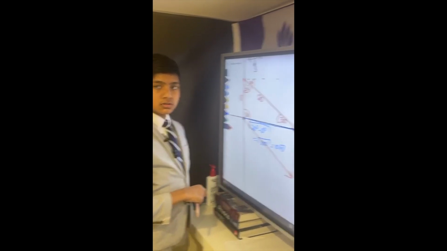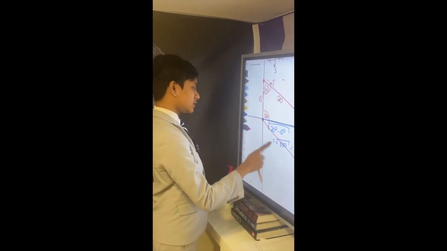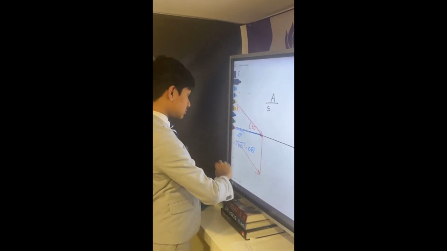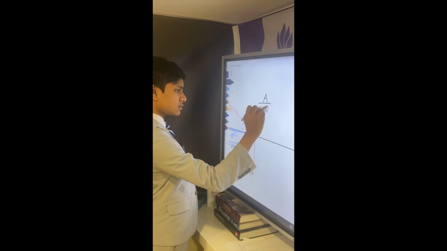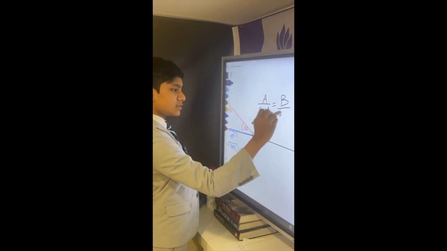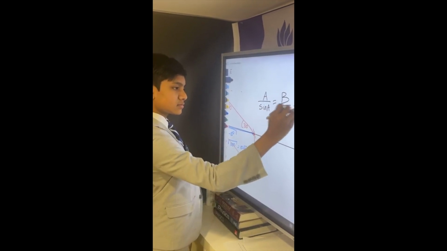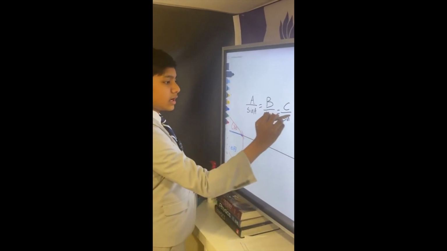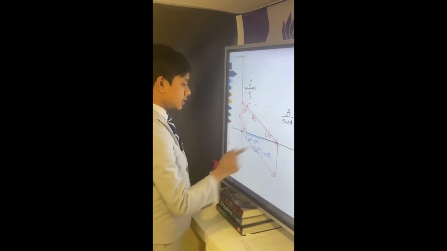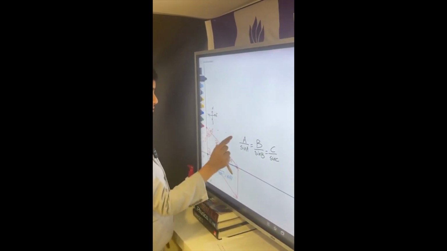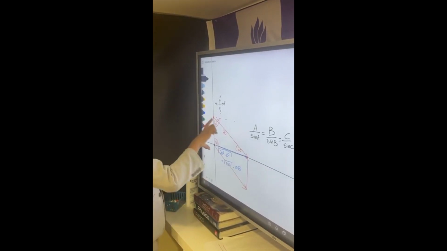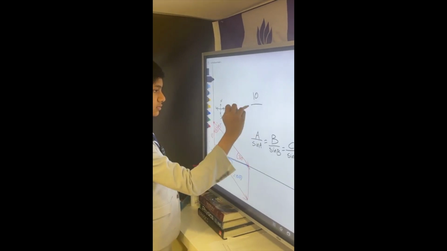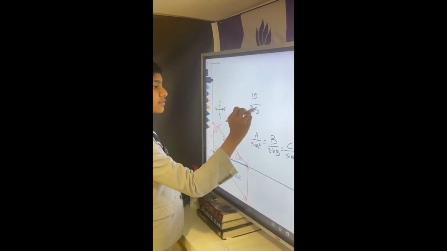So let's see, law of sines or law of cosines. Okay, I guess you can use the law of sines. Small lowercase a over sine of the angle, which is always uppercase. So the length of A is 10, the opposite angle is 30, so sine of 30 is 0.5.